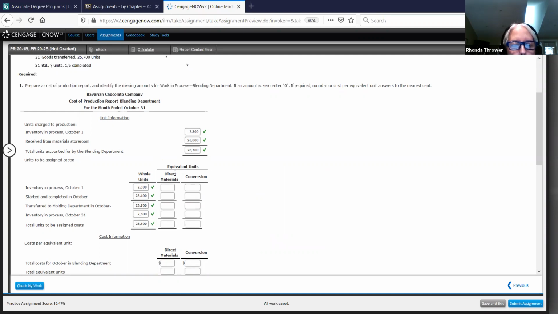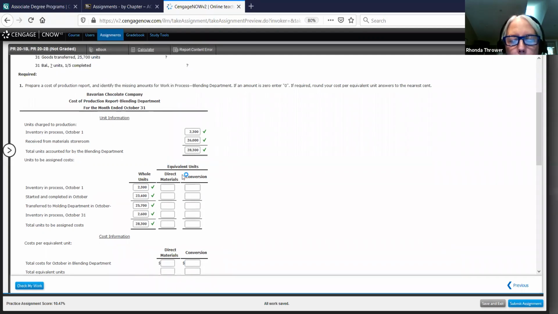And then we're going to move on to something that we call equivalent units. So you need to know what equivalent units are. The equivalent units is the portion of the whole units that could have been completed during this period of time.